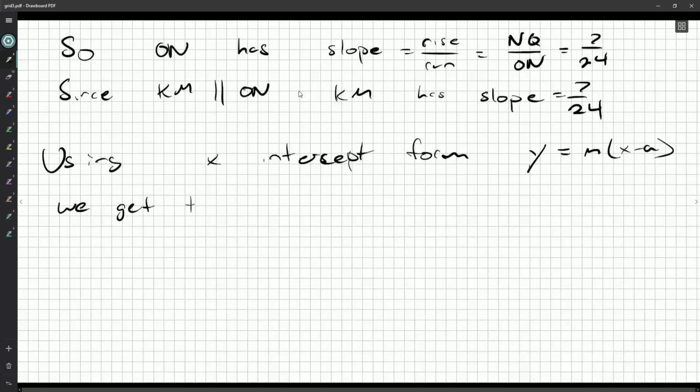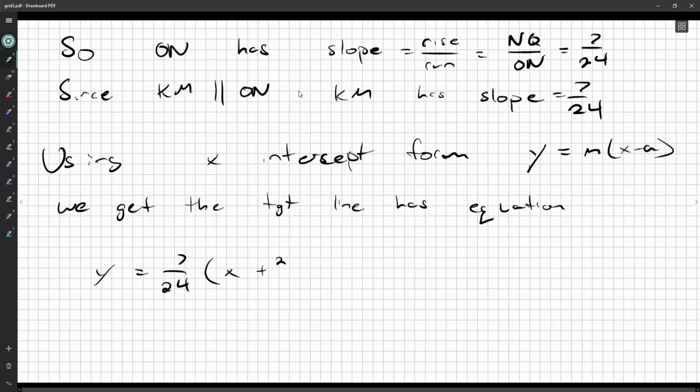We get the tangent line has equation y equals 7/24 (x minus k), but k was negative 25 over 7, so it'll be plus 25 over 7. Okay. So there's our formula. If you wanted to expand it out to y equals mx plus b form, you get 7 over 24x plus 25 over 24.